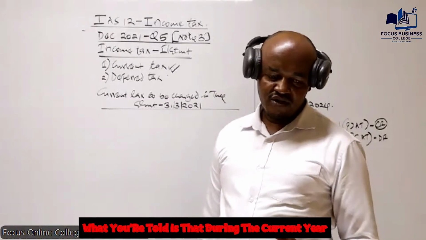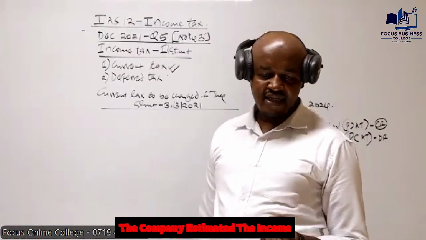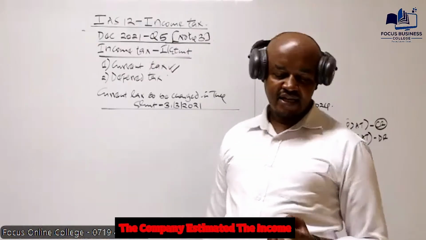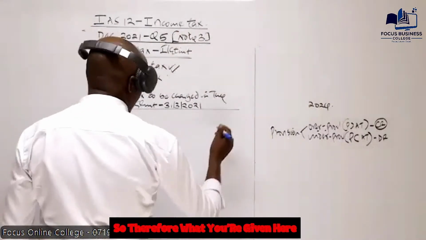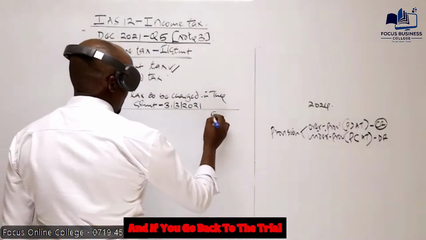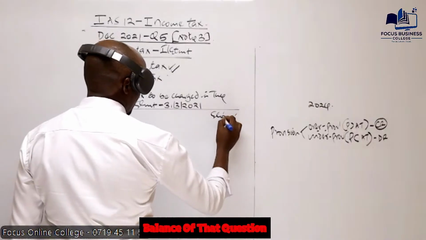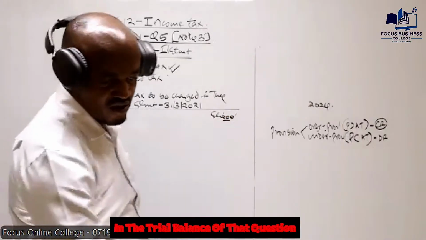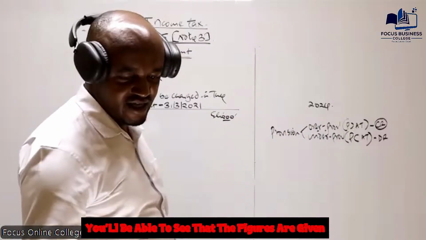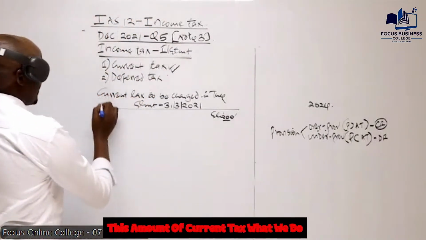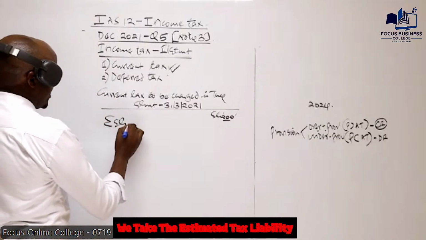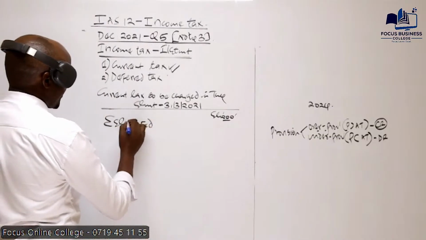So basically what you're told is that during the current year, the company estimated the income tax to be 113.8 million. So therefore what you're given here, and if you go back to the trial balance of that question, you'll be able to see that the figures are given in thousands of shillings in the trial balance. So for us to be able to compute this amount of current tax, what we do, we take the estimated tax liability.